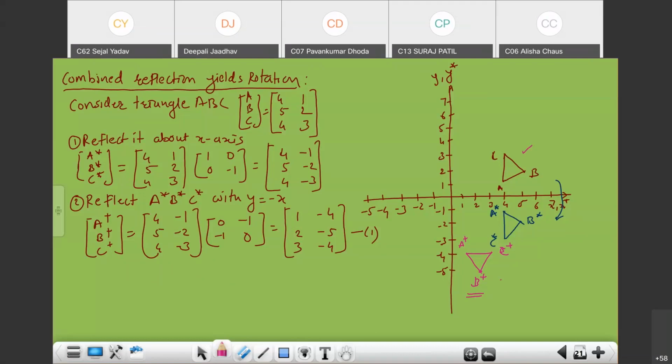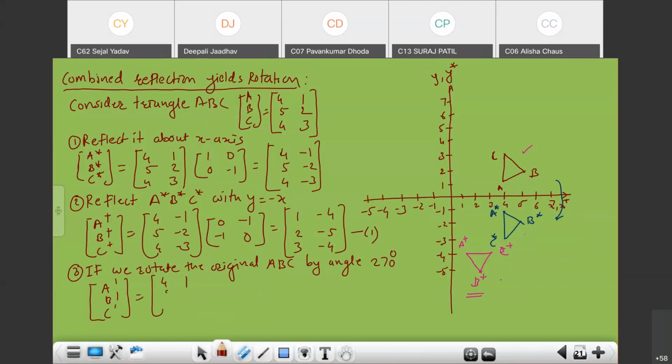Now we will see direct rotation. If we rotate the original triangle ABC by an angle of 270 degrees, the original is 4, 1, 5, 2, 4, 3, and for 270 degrees the transformation matrix is, now multiply it.